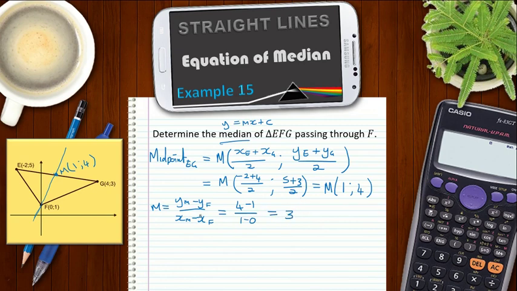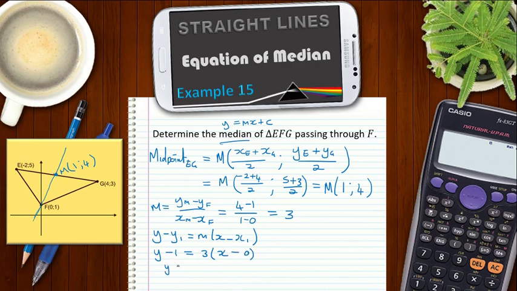Okay, so now that we have the gradient, we can use this y minus y1 equals to gradient times x minus x1, and we substitute in any of the 2 points. I would recommend the point f, and then also the gradient, and just put it in its standard form. So y minus 1 equals to the gradient, which is 3, and then x minus 0.